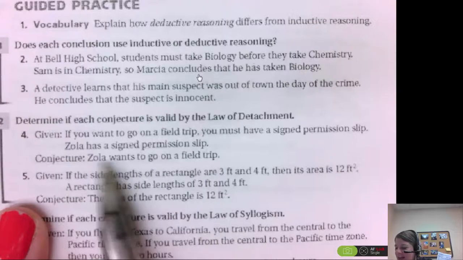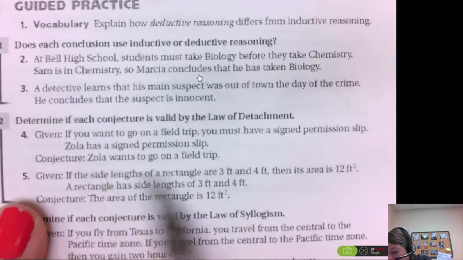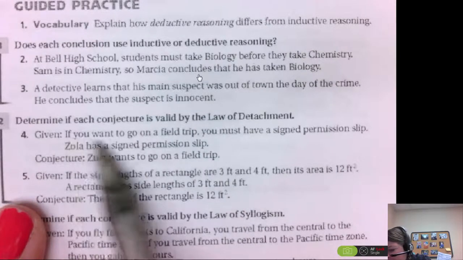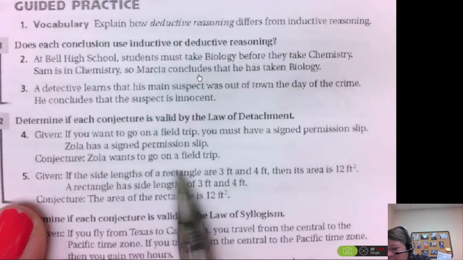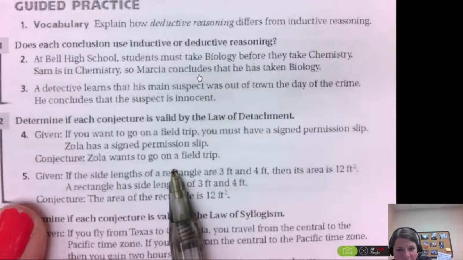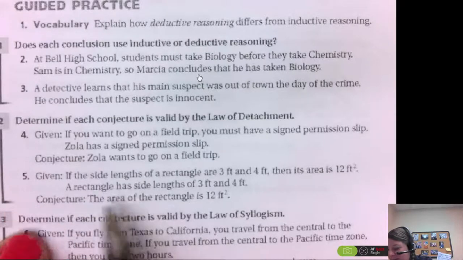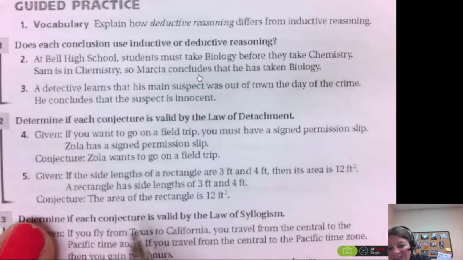If she has a signed permission slip, can you assume that she wants to go on the field trip? No. You know that if you want to go on the field trip, you have to have a signed permission slip. It has nothing to do with her wanting to go. You just know she needs a permission slip if she wants to go. So that one, you didn't really use the given information, so that would be considered invalid.